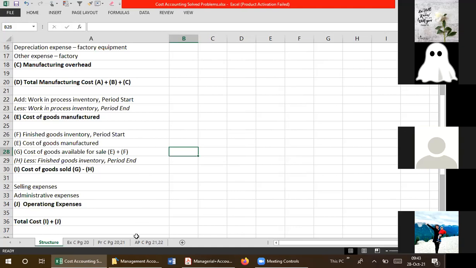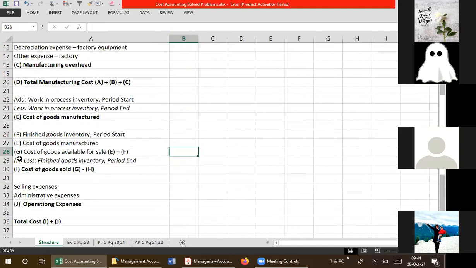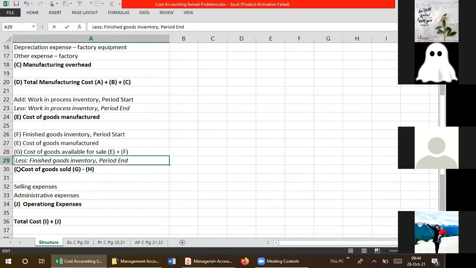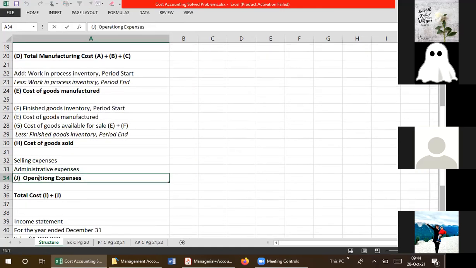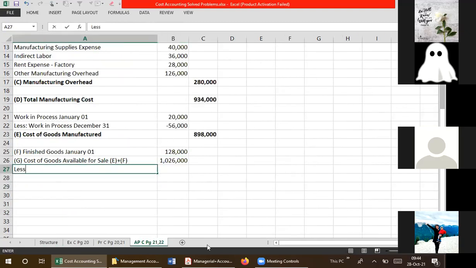We reduce finished inventory and we get cost of goods sold. Cost of goods available for sale, then we have less finished goods December 31st.